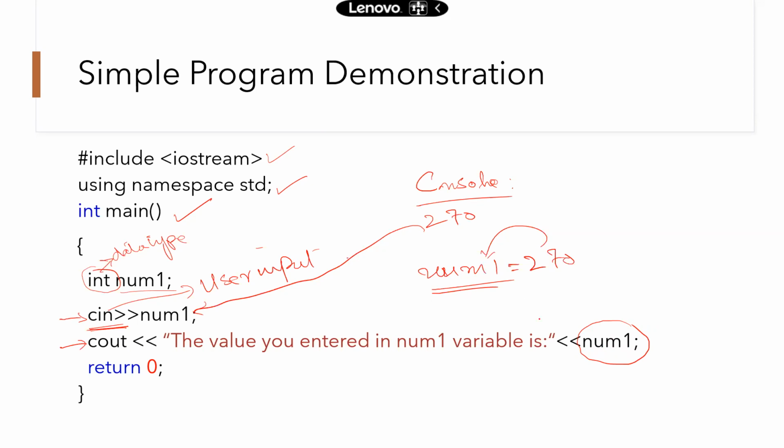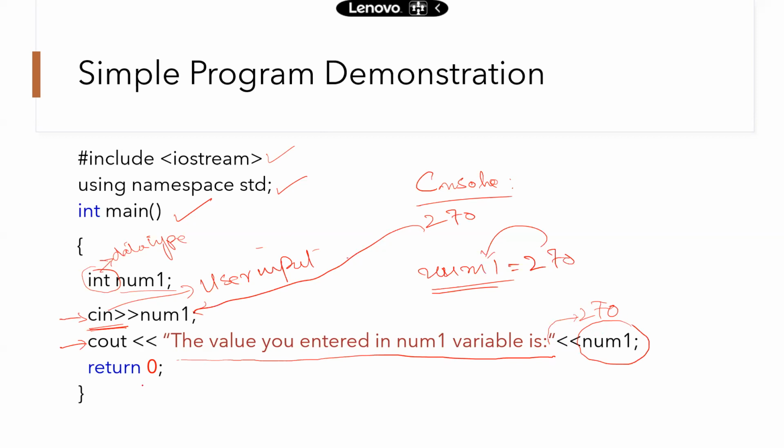So it is going to print the same. If you go to the console, you'll find this whole string is going to get printed on the console. And after these two colons, 270 will be printed over here.